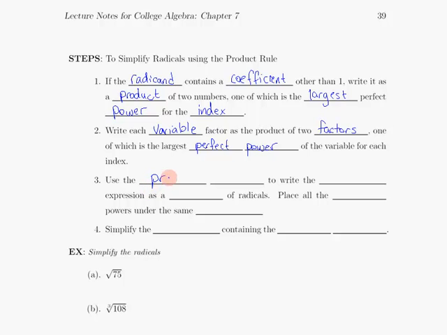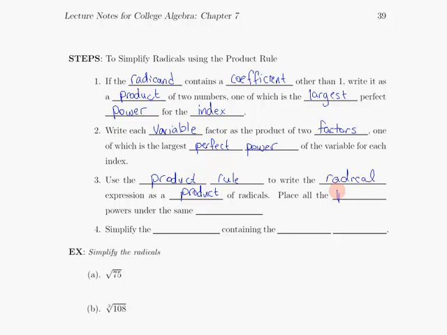Then we use the product rule to write the radical expression as a product of radicals. We're going to split it up just like we did on the previous page and put the perfect powers under one radical and all the leftovers, the things that I can't pull any other perfect powers out of, underneath the other radical.